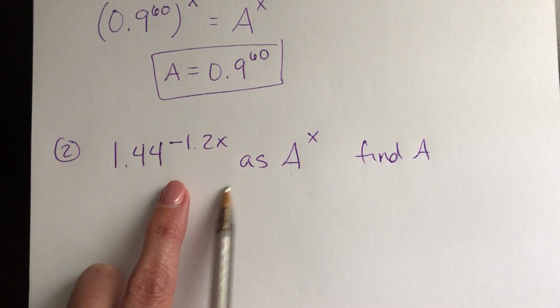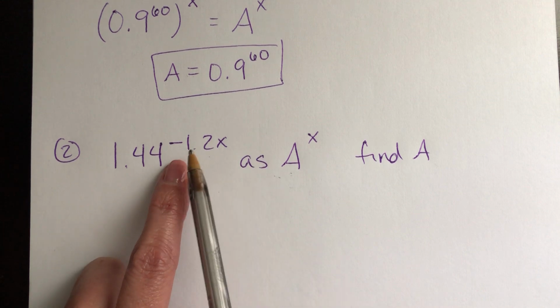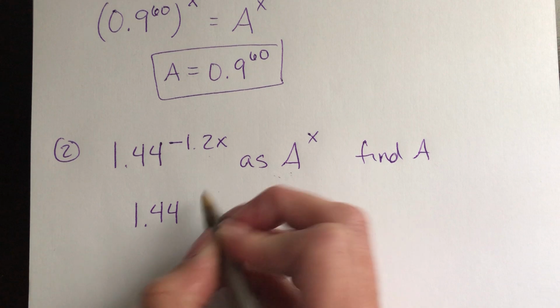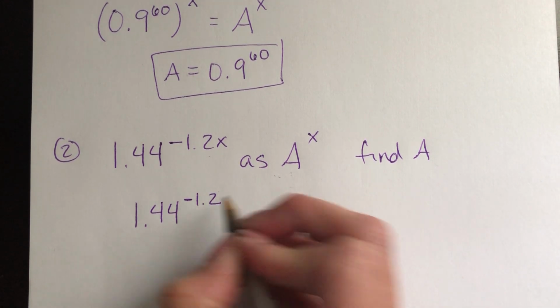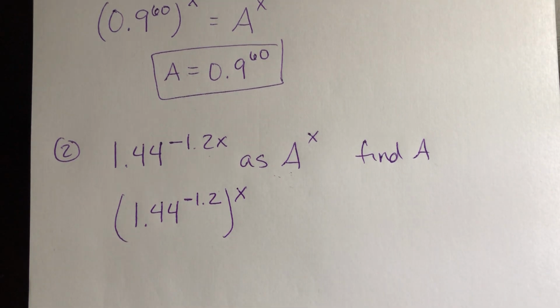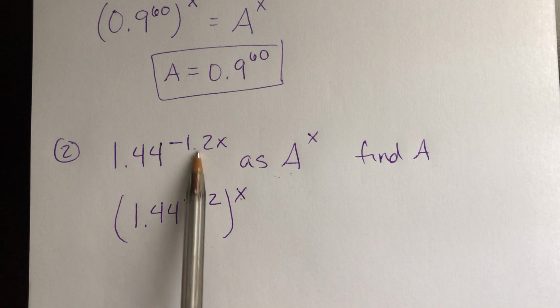So I know that a power to a power you multiply, so I'm going to reverse that property and say that 1.44 to the negative 1.2 and raise that to the x. Power to power multiply, so that gives you what you started with.